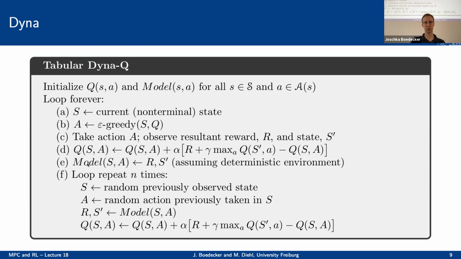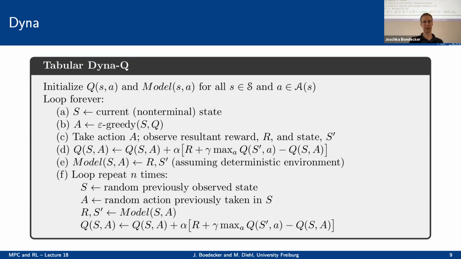But now, of course, you also want to improve your model. So you use that real data that you've just gathered in order to improve your model. So here's just a simple model. We assume a deterministic environment, and then for this one real step that we take, we can take n simulated steps. Basically, we would trigger our simulator n times, using the learned model.